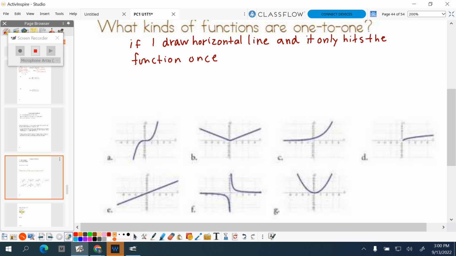I can draw a horizontal line. It only hits the function once, then that's geometric. Then the function is one-to-one.